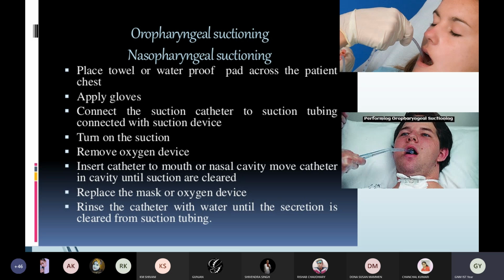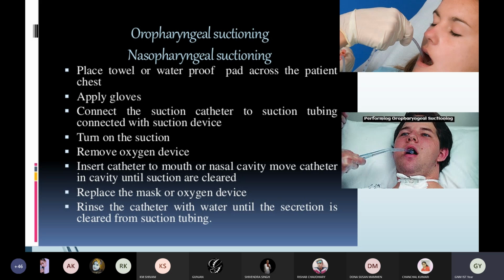Then rinse the catheter with water until the secretion is cleared from the suction tube. Some secretions get stuck inside the suction catheter when we suction, so we have to clean it and we can just rinse it under water. Keep sterile water in a bowl, put the suction catheter into the bowl, apply negative pressure and it will suck all the water.